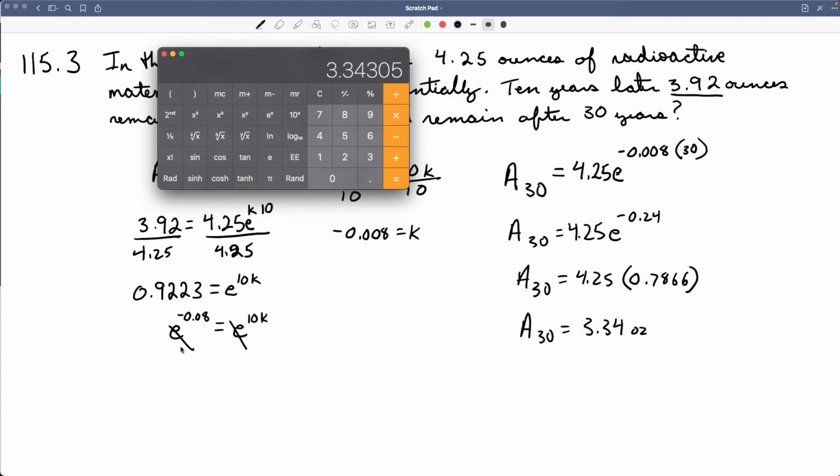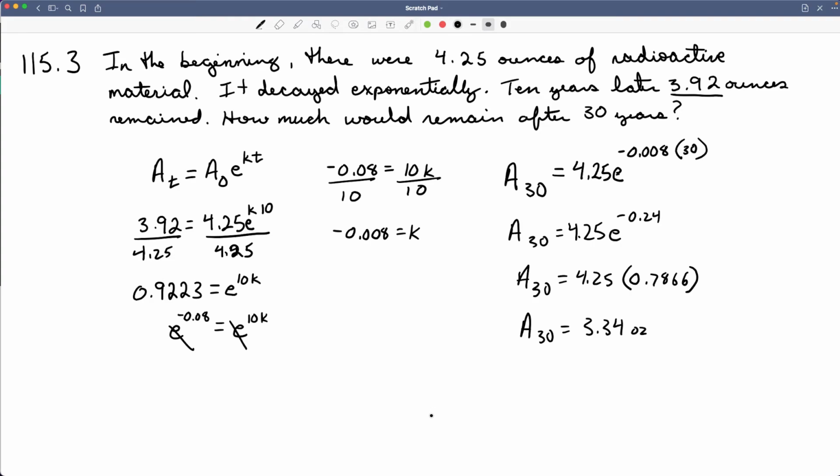And when I'm in the e version, I use the inverse, the e with the exponent, to take me back to the whole number. So that's what you're doing when you solve these. All right, and that is all we have for those types of problems.